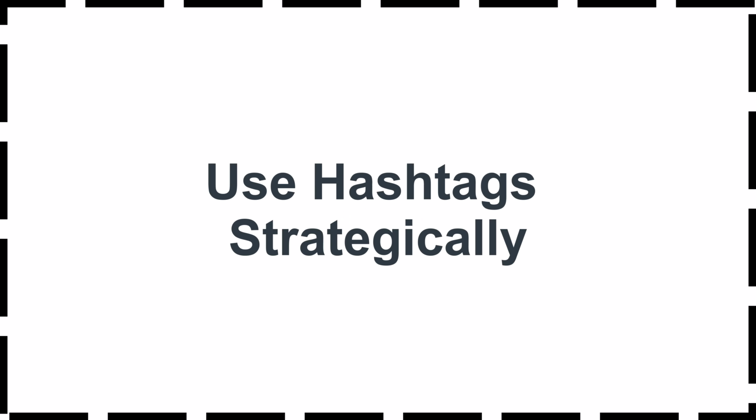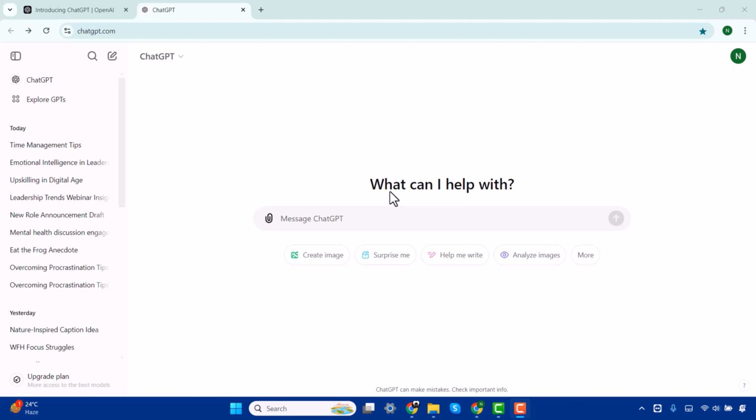And the last one, number 4. Use hashtags strategically. Example prompt: Write a LinkedIn post on the future of remote work with a few relevant hashtags. So let's see the answer.